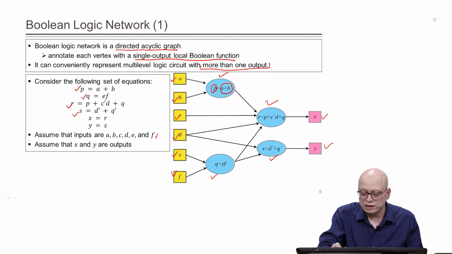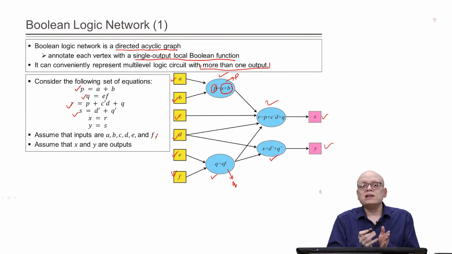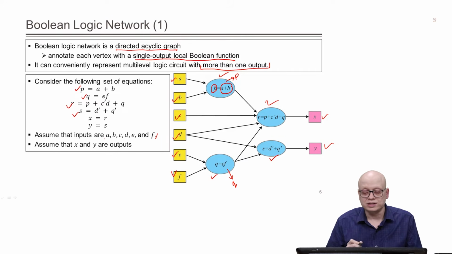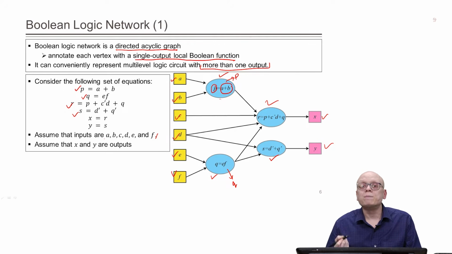For example, the name of this node is P, the name of this node is Q. So, on the LHS we have the name or the label of the node, and on the RHS we have the local function. So, this P is equal to A plus B, that is what the local function is. So, this vertex represents a local function A plus B and its output is P, that is the label of the vertex.